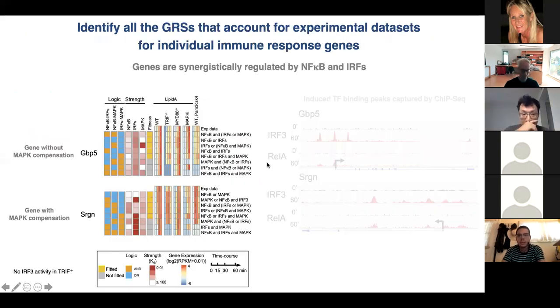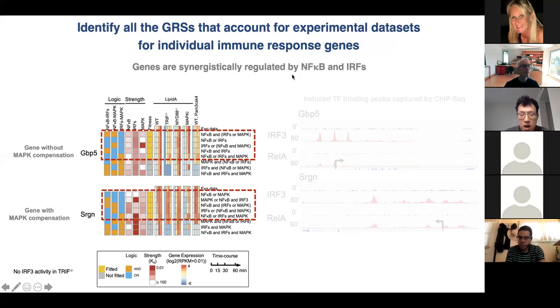So here is a zoom-in of some of those genes we identified. You can see our approach allows us to identify all possible gene regulatory strategies that can be explained by the data we have collected. And those are all detected as synergistically regulated by NF-κB and IRFs.